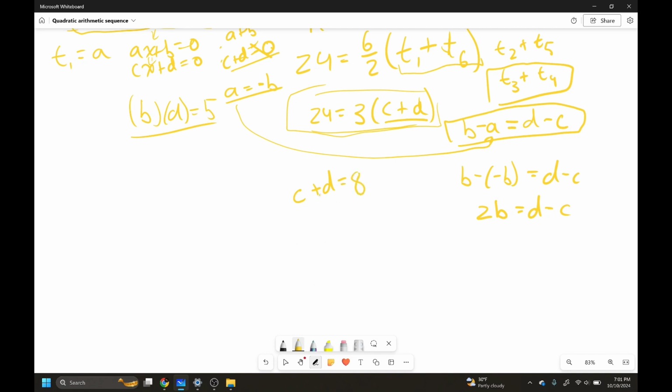Now we can solve for one of these over here. Let's solve for c, why not? c is equal to 8 minus d, and now we can put this over here and say 2b is equal to d minus, 8 minus d, so 2b is equal to d minus 8 plus d.